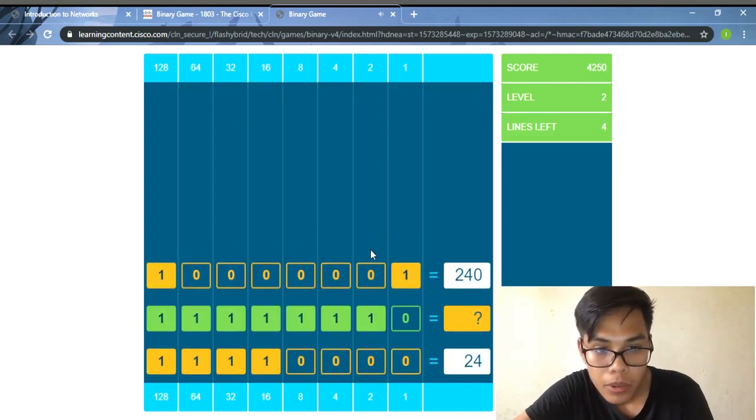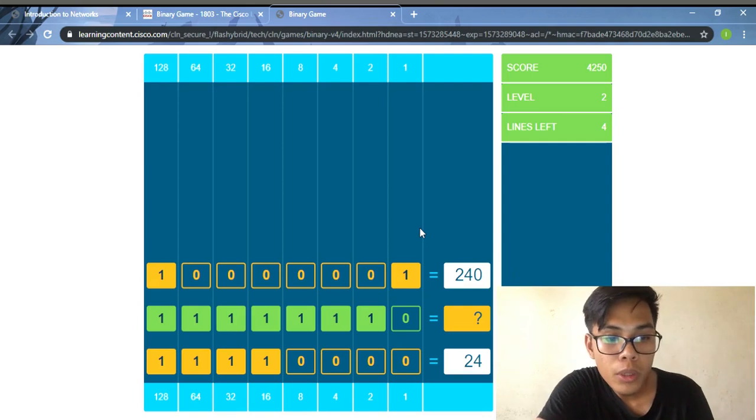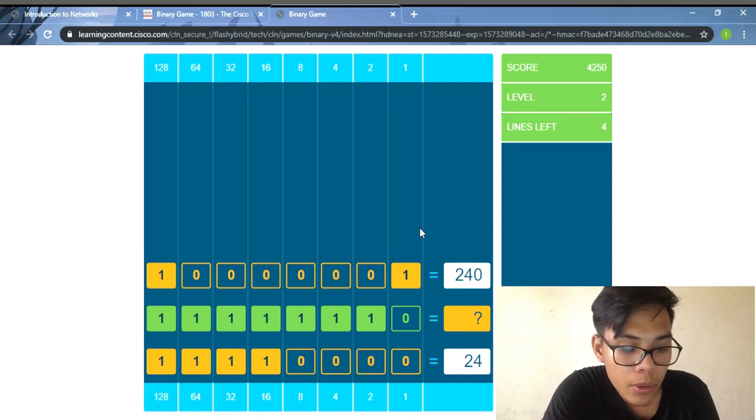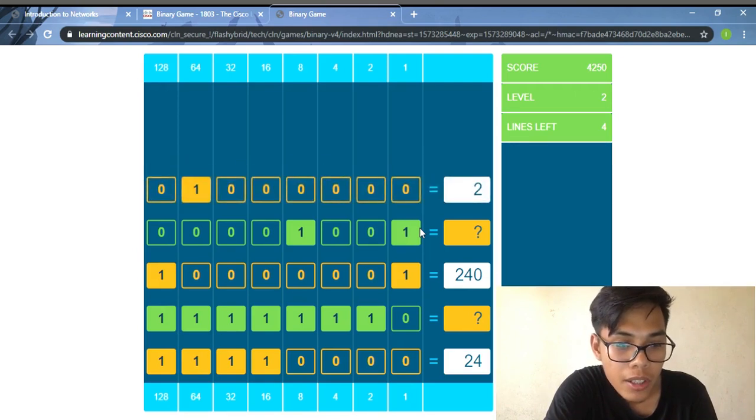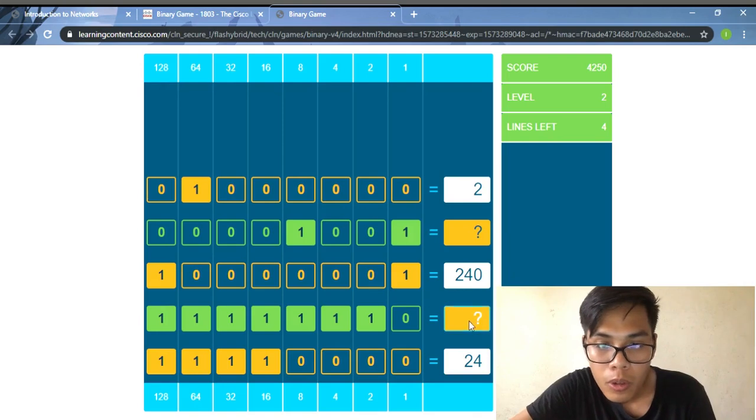Clear that board. So 128 plus 64 is 192. If we add 32 is 224 plus 16 is 240 plus 8 is 248 plus 4 is 252 and plus 2 is 254.